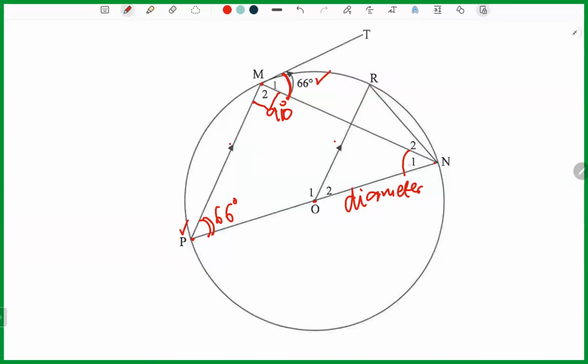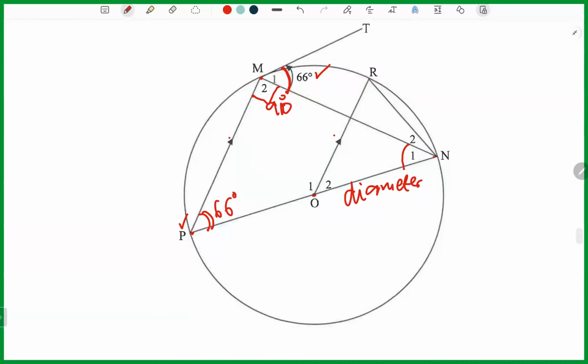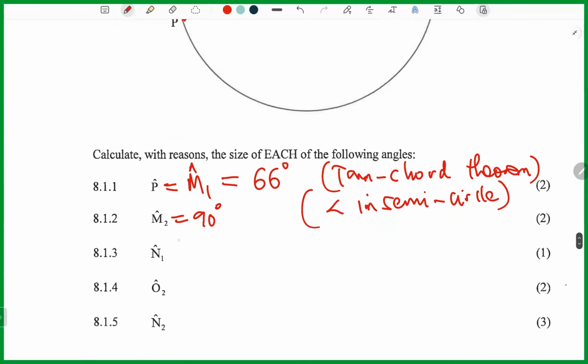We can simply say 180 degrees minus the other two angles, minus 90 degrees, the angle in a semicircle, and also minus the 66 there. The answer is 24 degrees.